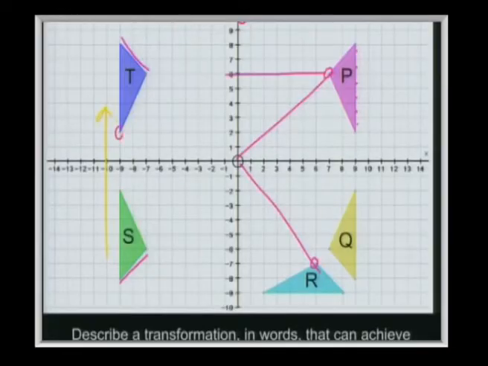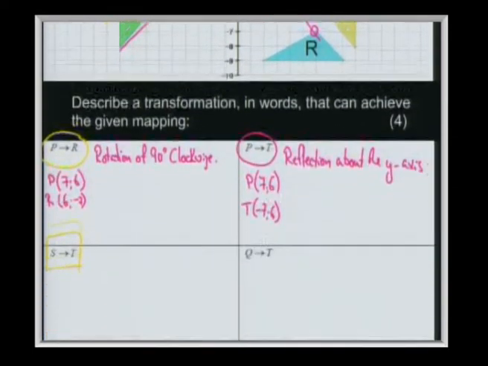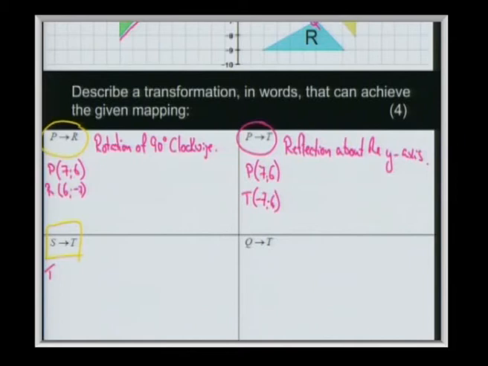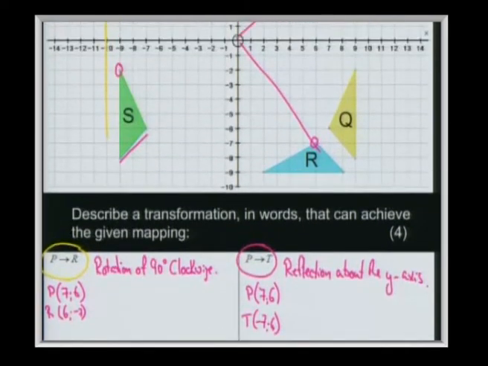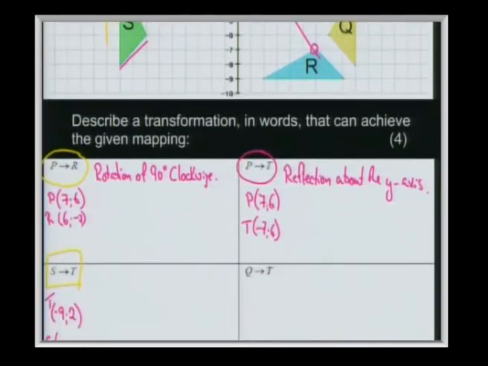But once again, I'm going to list a point and double check it. So I'm going to take that point on T and the corresponding point on S. The point on T was minus 9, 2. The point on S is minus 9, minus 2.